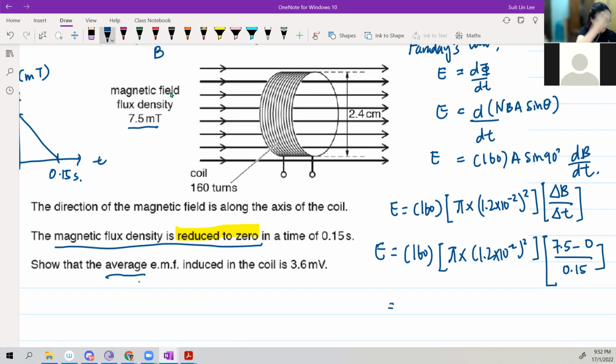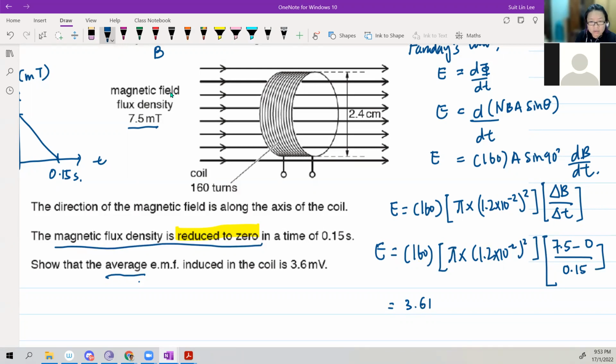You know, we can press calculate. Square times 7.5 divided by 4. So this one is 3.61.